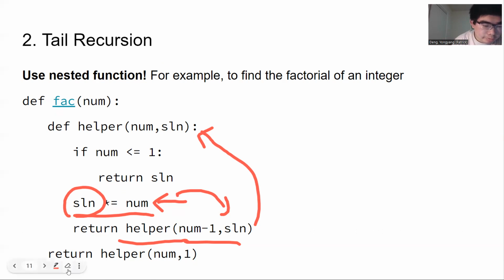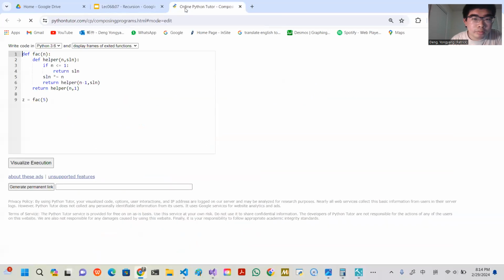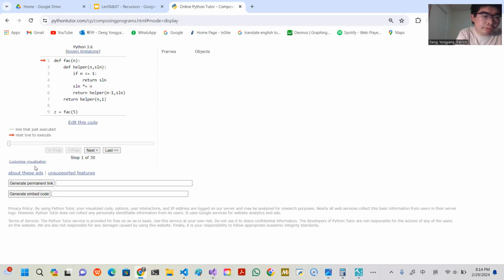Okay, we can do a demonstration of this. So this is the Python Tutor. We have this function. We try to find factorial 5.